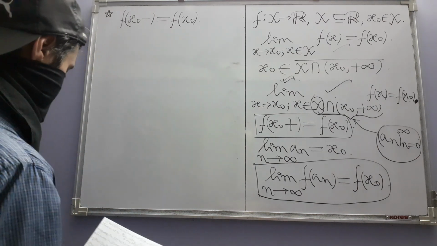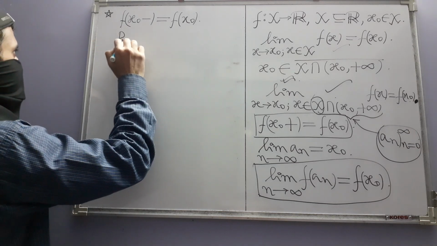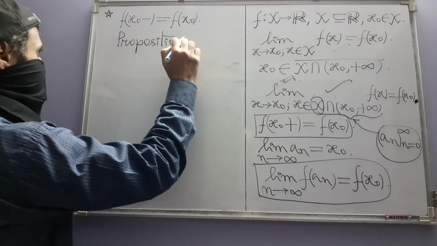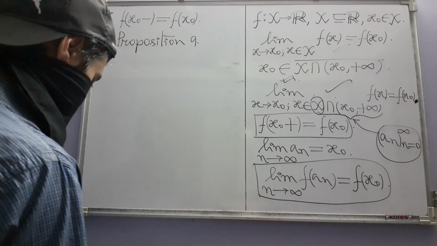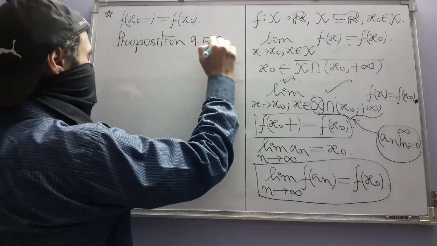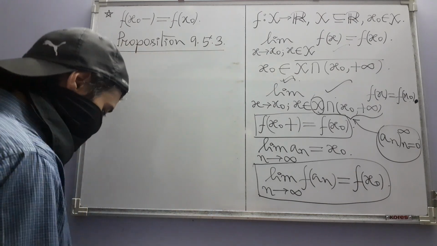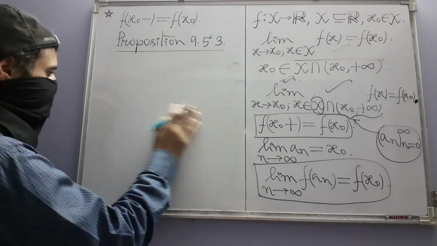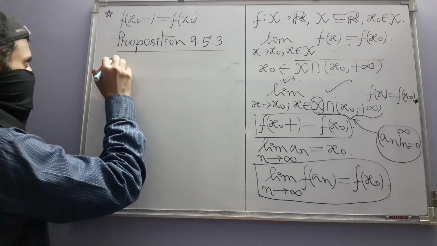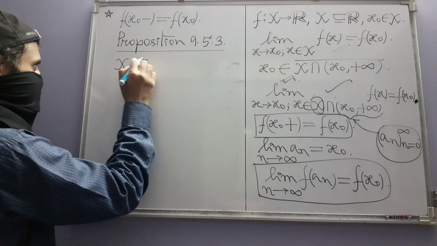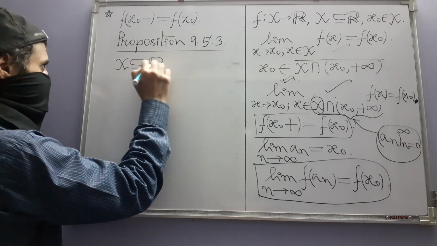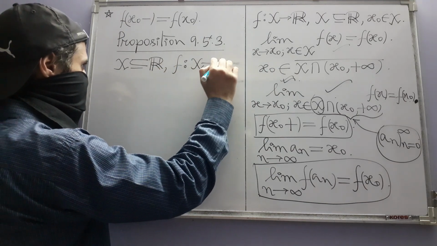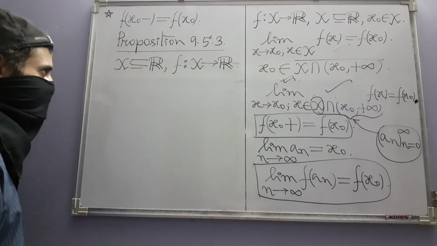But the converse is also true, and that is the next proposition, Proposition 9.5.3. What the proposition says is this. Let me just write the main things. X is a subset of R. f is a function with X as domain and R as range.